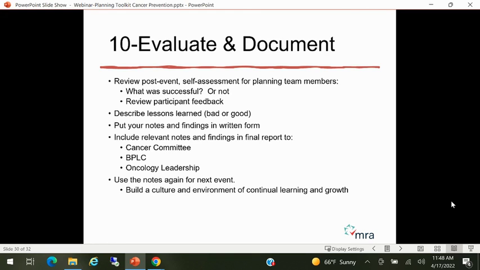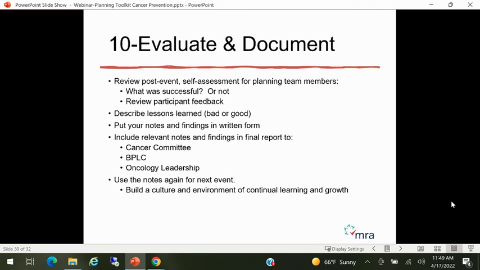Talk about what those outcomes were and how you have impacted the community, because that's what we're here for, right? The point is to be patient centric, to be community centric, and to make a difference in people's lives. We want to tell the story that will help them go out and take some sort of action that will make their life better and reduce the incidence of cancer.